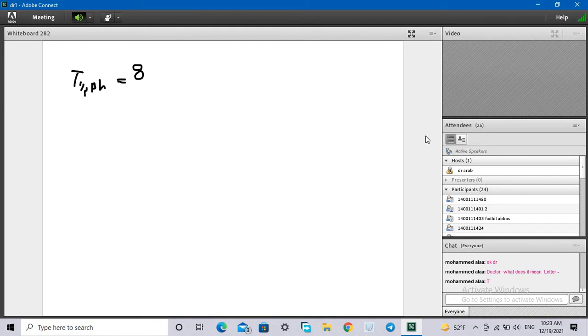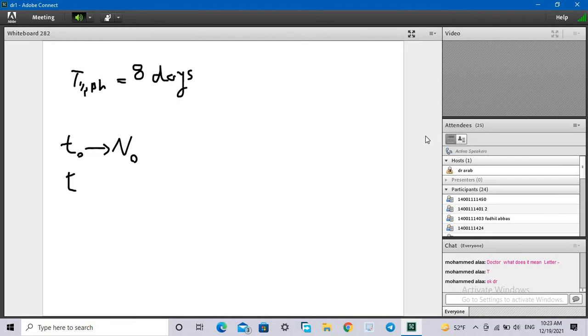Okay, I say again. Imagine that at time zero you have N0 nuclei with radioactivity.